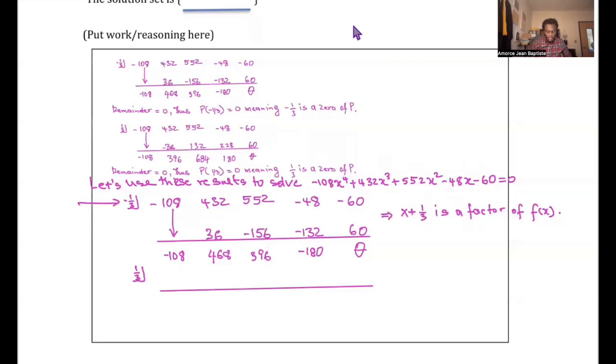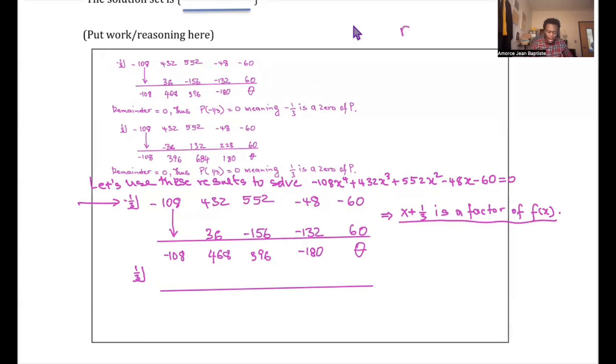Now, given that we have these results, that the remainders of both of the synthetic divisions are 0, it means that from both of the zeros we can get a factor of the polynomial. So the first one, when we had -1/3, we had a 0. That means x plus 1/3 is a factor.